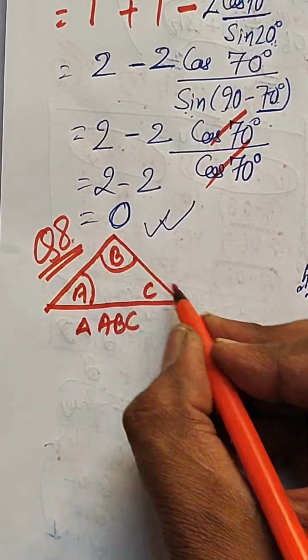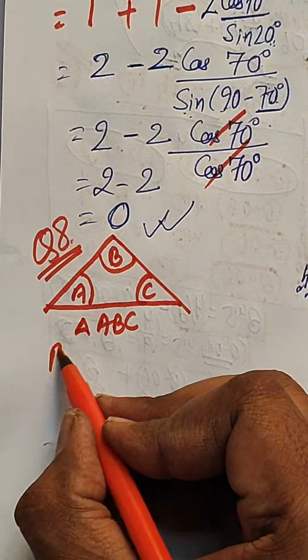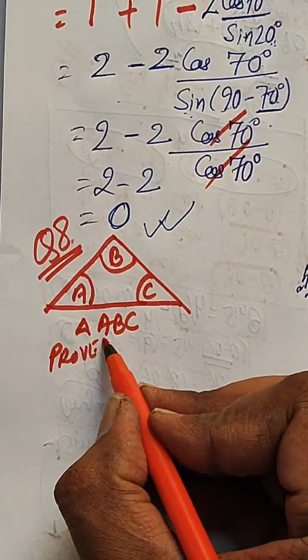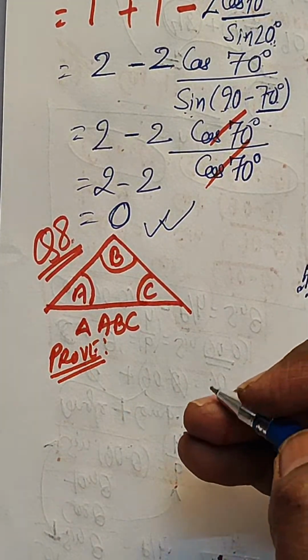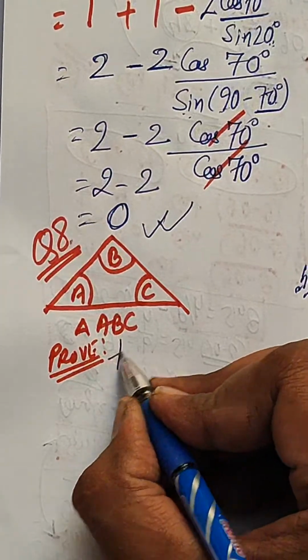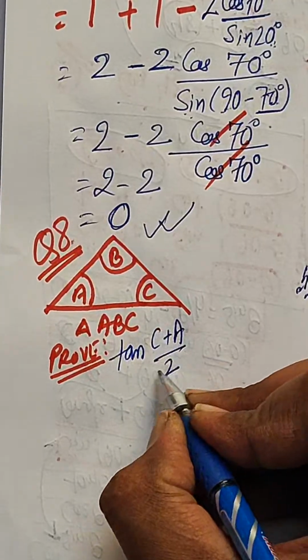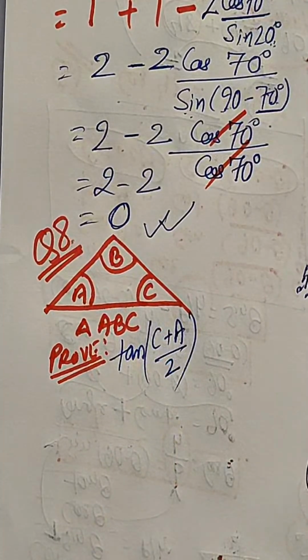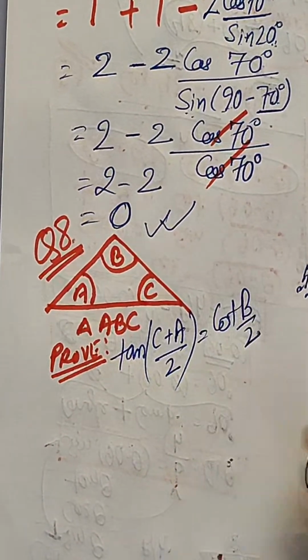So if A, B, C are the angles of the triangle, prove that, what to prove? Tan of C plus A divided by 2 is equal to cot B by 2.